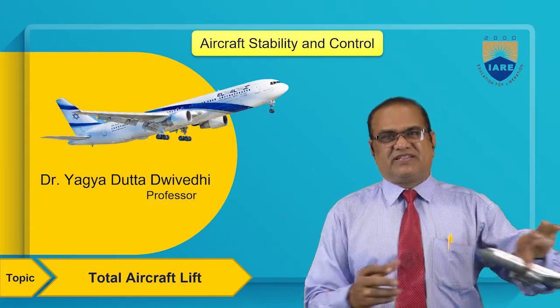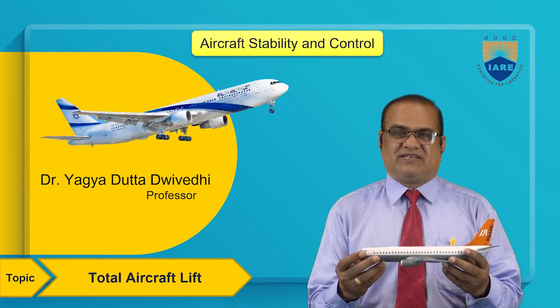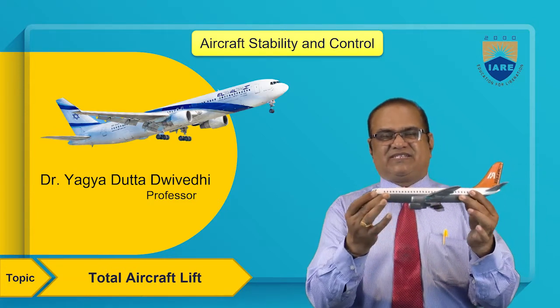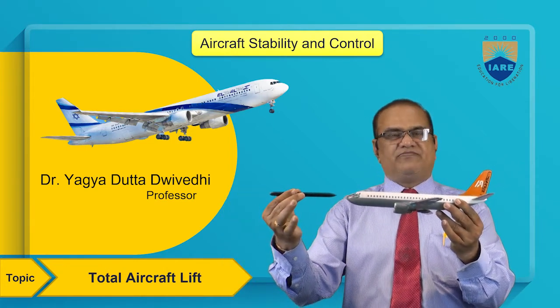So I am taking this model here, and you can see that once the aircraft is flying like this, the wind is coming straight, no problem.